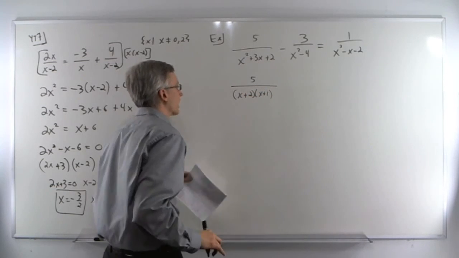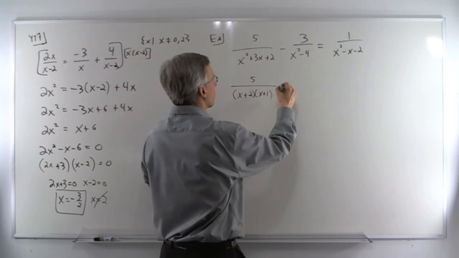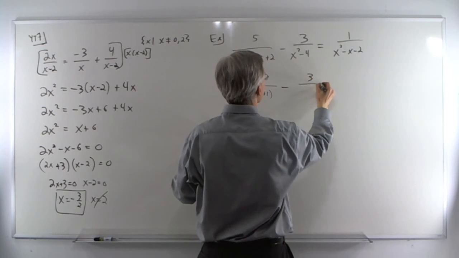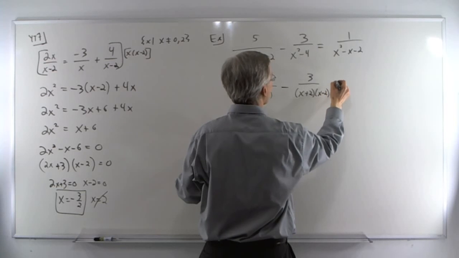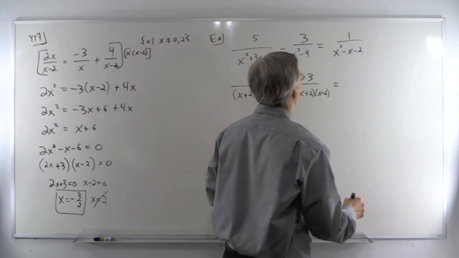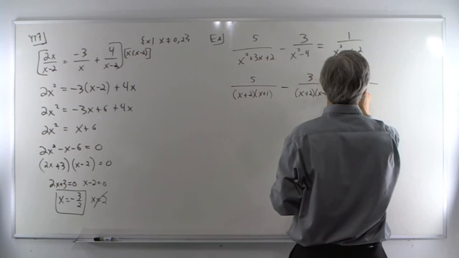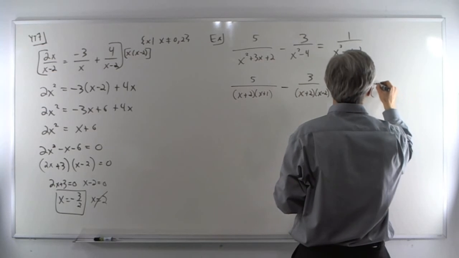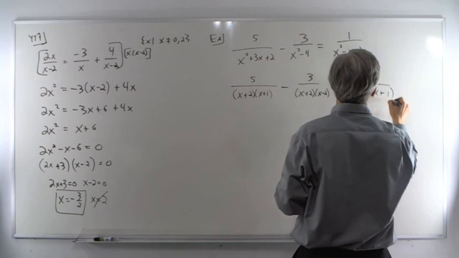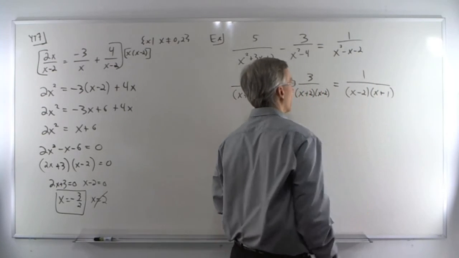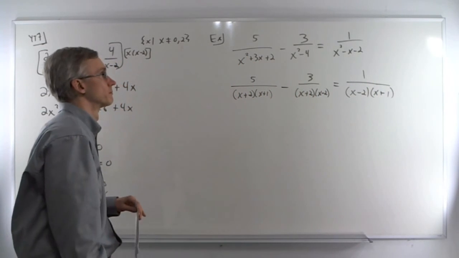So this factors into x plus 2, x plus 1. Got difference of squares here. So that's x plus 2, x minus 2. And this one factors into x minus 2, x plus 1.